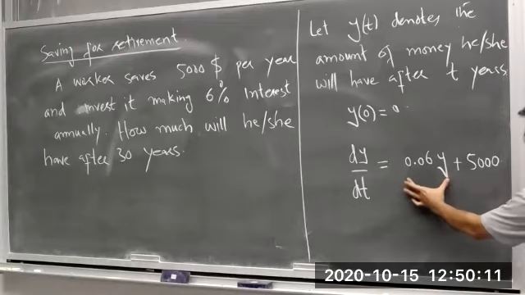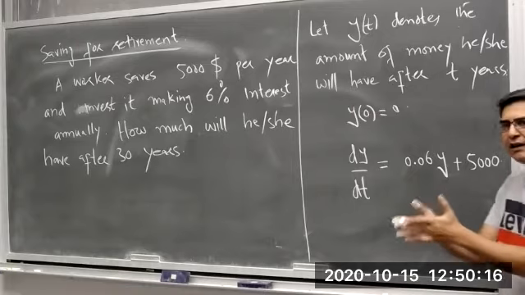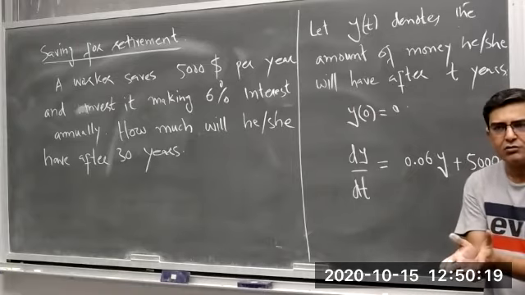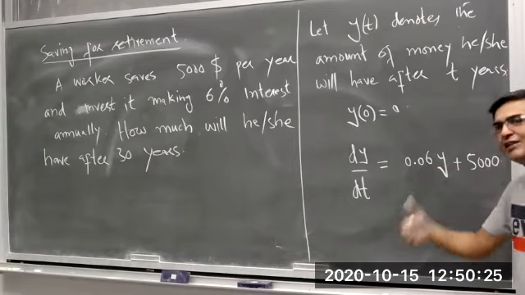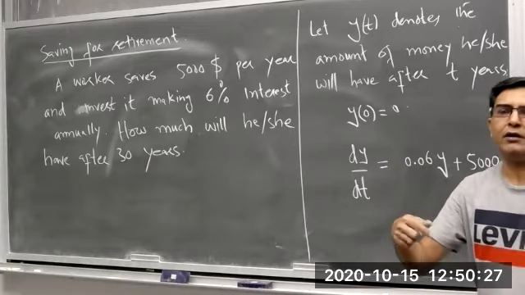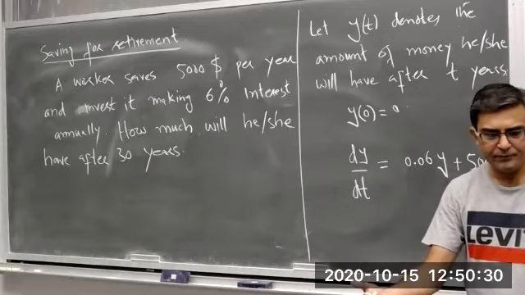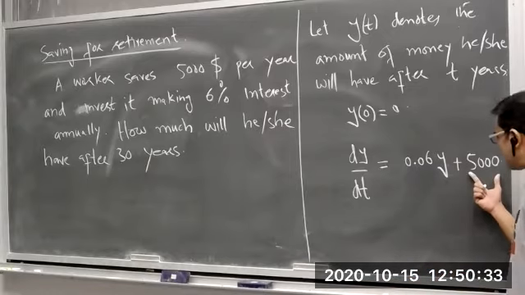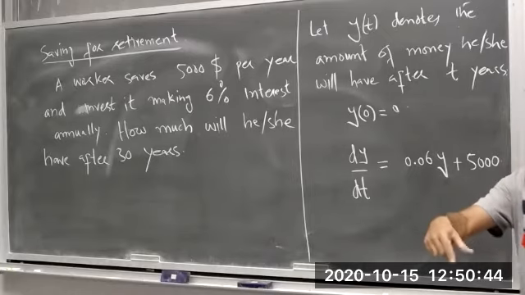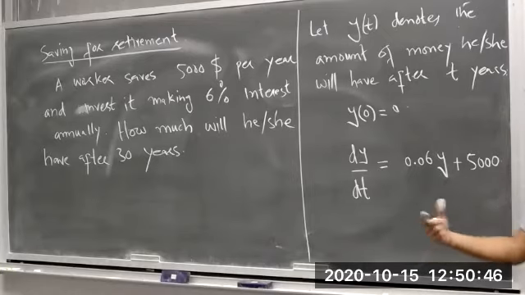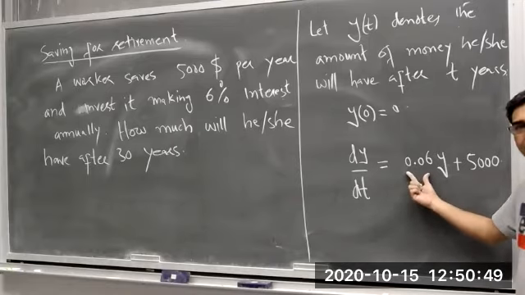So this term will give you the 6% interest on the money which is already there in that account, and this 5,000 will give you the money he submits or invests in that business each year. Okay, the 5,000 that he deposits in the bank every year, we also have to include in the model. And the money already there, that is y of t, which is in that savings account or in some business, should also get 6% interest.